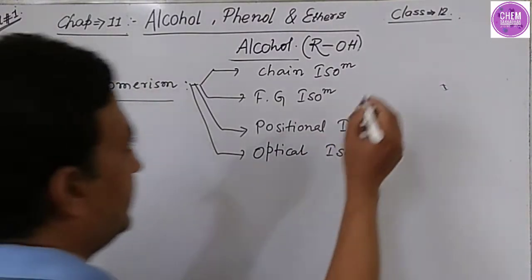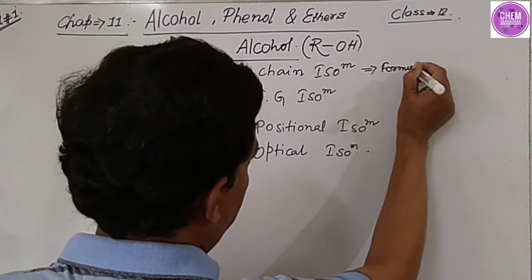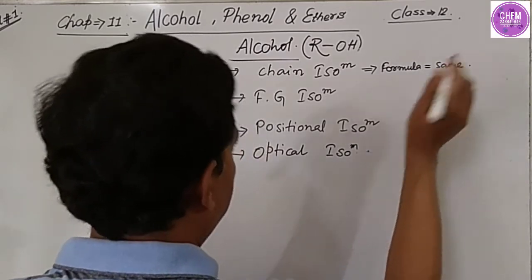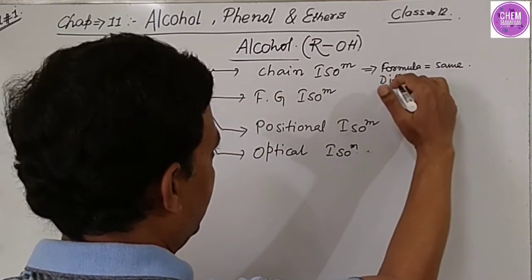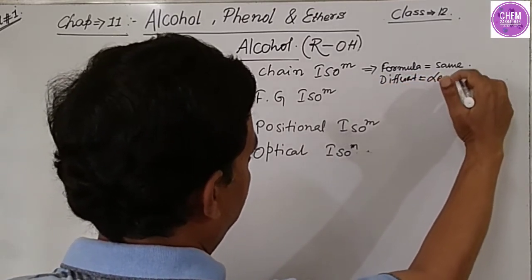Chain isomerism means that the formula remains the same. The first condition of isomerism is that the formula remains the same, but what is different is the length of the chain.